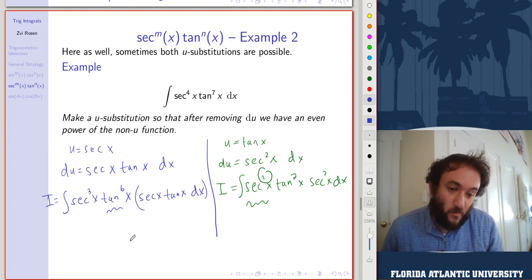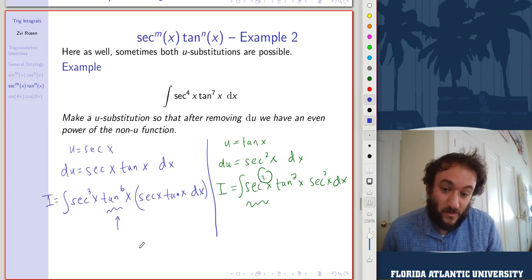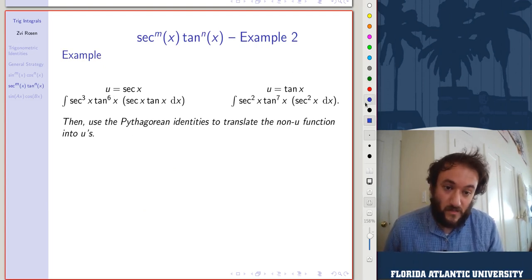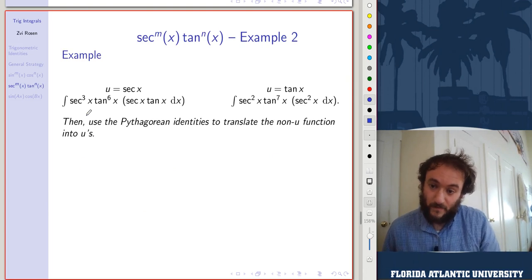Okay, but you probably have a hunch that since this non-u appears to the power 6, whereas this non-u appears only to the power 2, this is better. And indeed, that's true. So here are the two different u substitution possibilities.